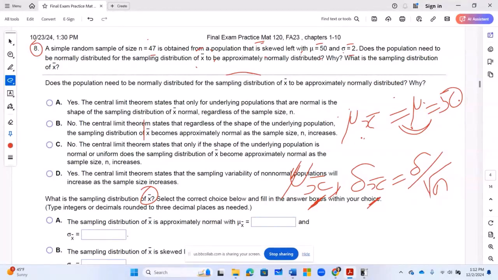All right. So the next one is, what is the standard error? You calculate that. The standard error is the standard deviation of the original data, which is 2, divided by the square root of the sample size. So what is the sample size? Sample size is 47. So you get your calculator and simplify that.